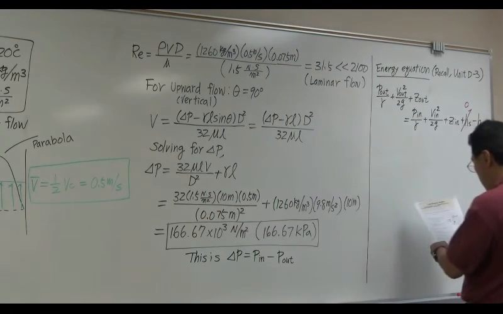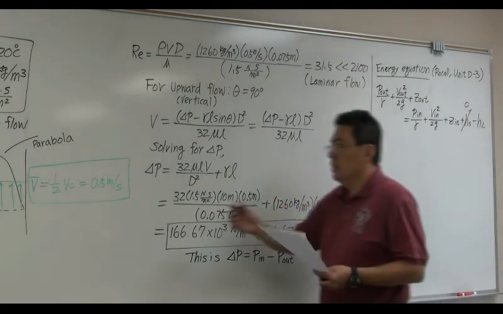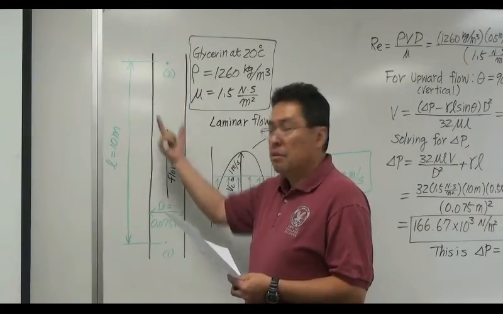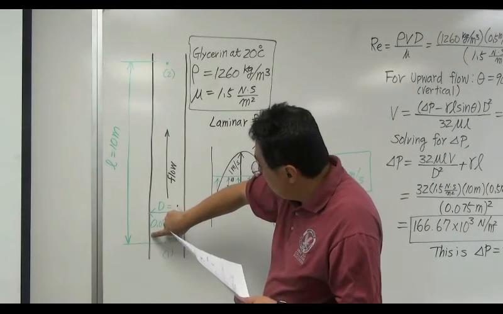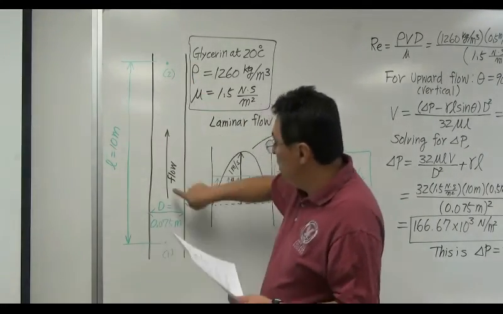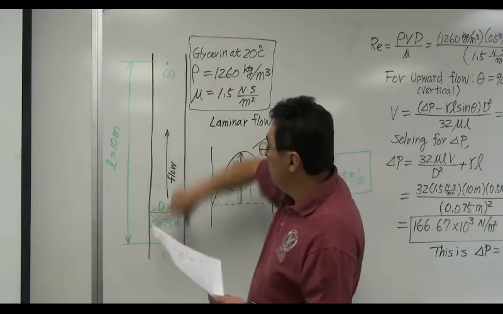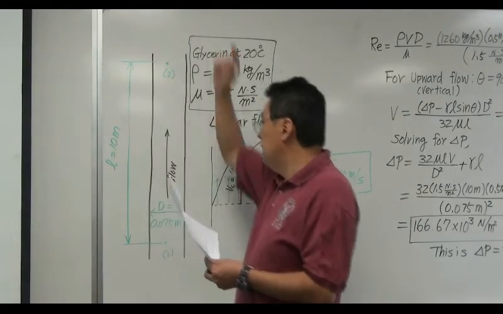Okay? So, and also another thing is, this is constant cross-section pipe flow. So if you apply continuity, if the cross-section area is constant, and this is incompressible, density doesn't change. So that means velocity doesn't change. Velocity is uniform. Velocity is constant here, here, here, here, here.